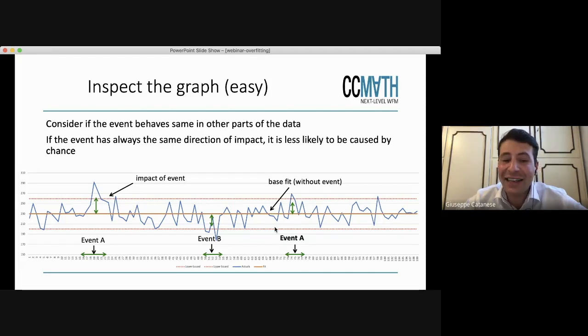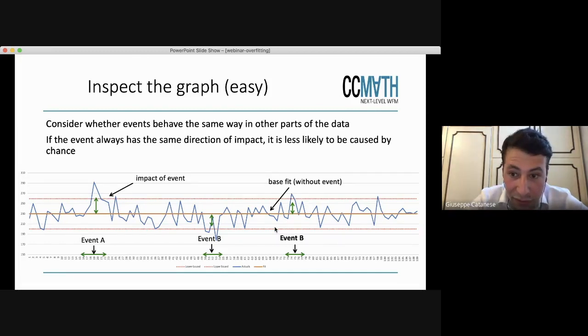It is less likely that this event can be caused by chance. Not like the previous case of event B. See, event B before we thought was negative, and now it's positive.